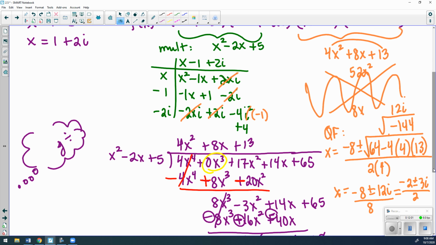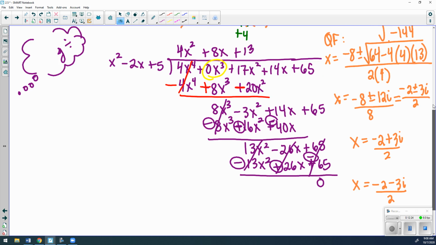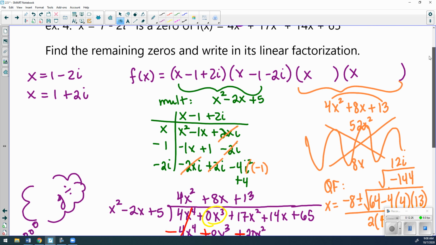Then the last thing we need to do is just write that as a linear factor. So x is equal to negative 2 plus 3i over 2, and x is equal to negative 2 minus 3i over 2. So in terms of the factors that we're going to be using, what will those factors be? Let me scroll up. I need to fill in the purple part.